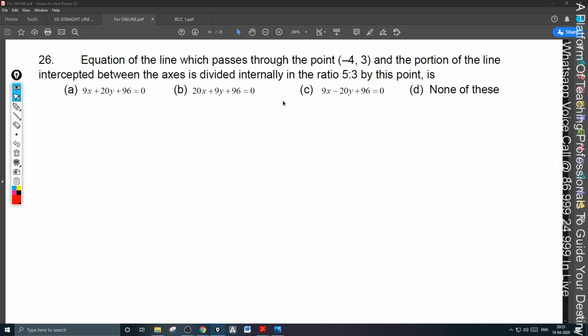So, let me do that. Let me draw first the x-axis and y-axis so that you'll better understand it. This is the x-axis and y-axis.